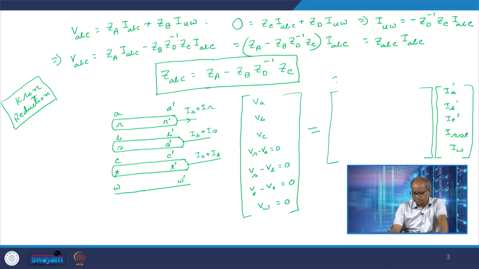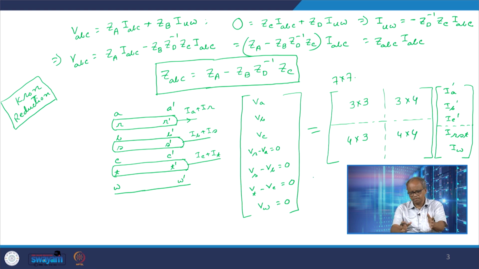And then this is a 7 cross 7 matrix. So we will again partition it. Please note, this partition would be 3 cross 3, and then we do the partition here, and it would be 4 cross 3, 3 cross 4, 4 cross 4.